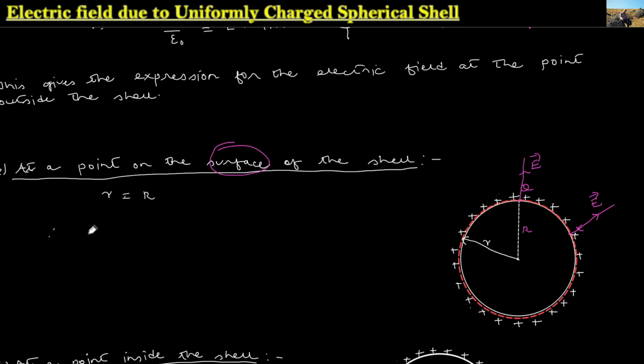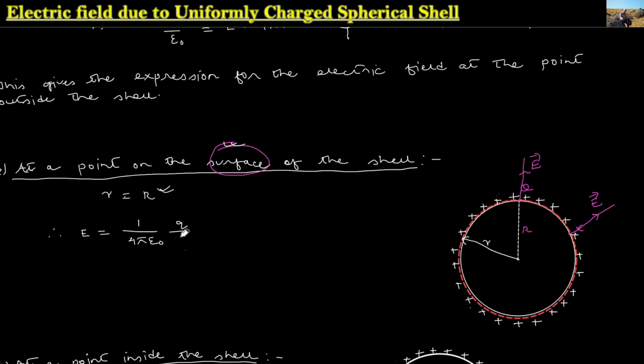In such cases, the electric field we have solved previously will be given by this expression: 1 by 4 pi epsilon naught, then Q divided by small r square. Then we have to use this condition for the point which is on the surface. Then in place of small r square, we have to write capital R square.